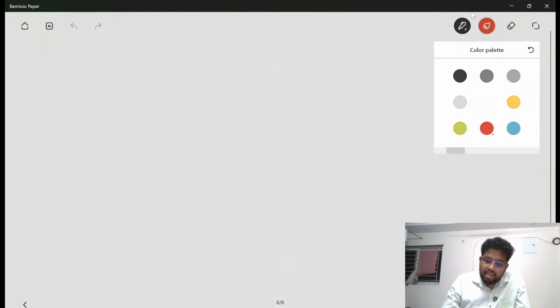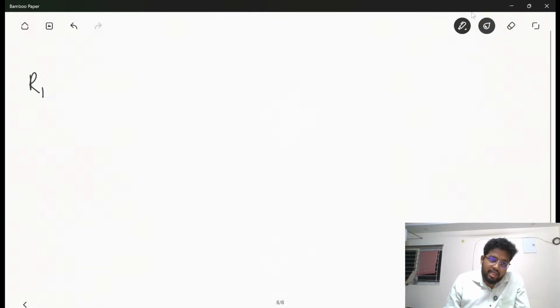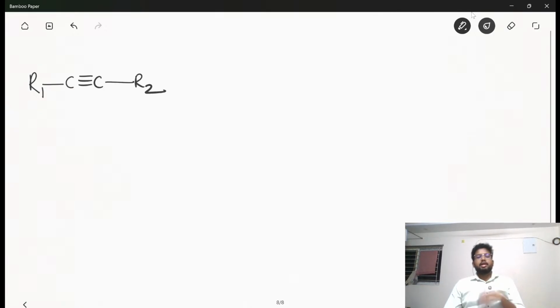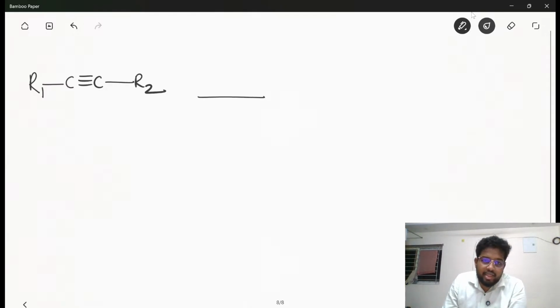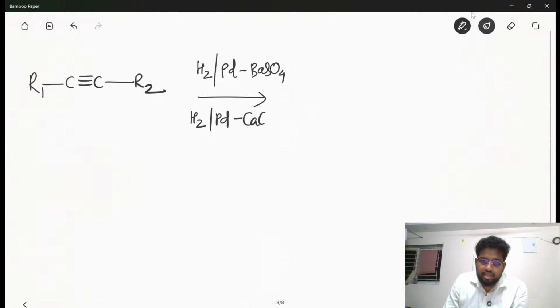Now, what is the other reaction of the same reagent which we have already studied? Any alkyne you have, C triple bond C with R groups, can react with similar reagent: H2, Pd/BaSO4 or H2, Pd/CaCO3. Now, this reagent is useful to make cis alkene.